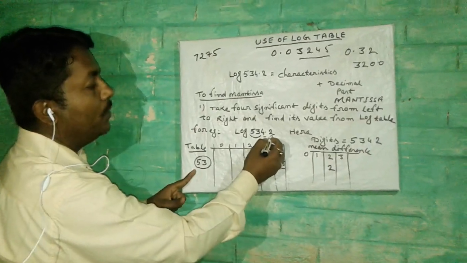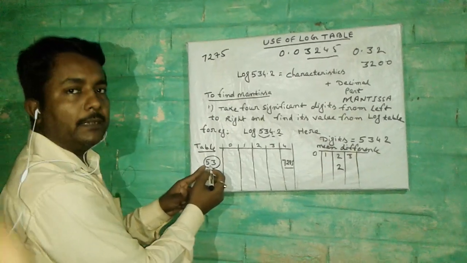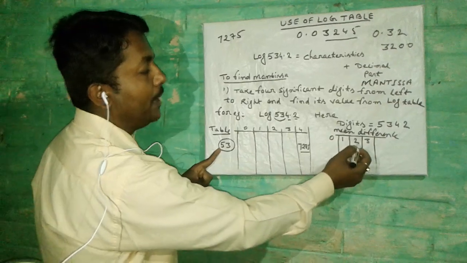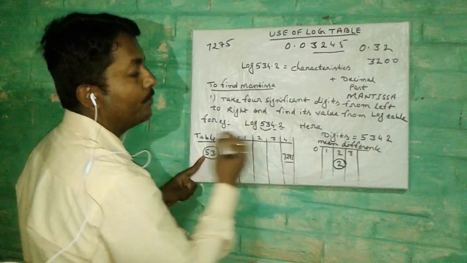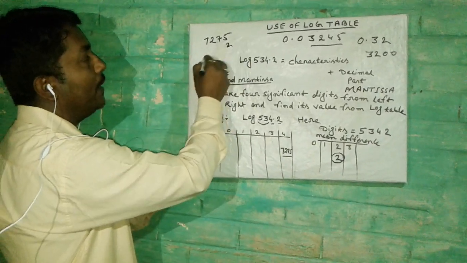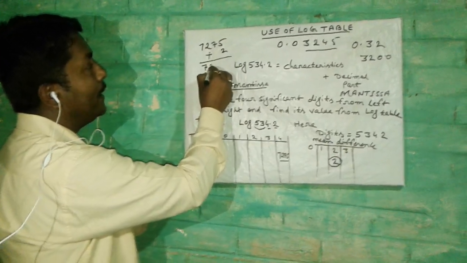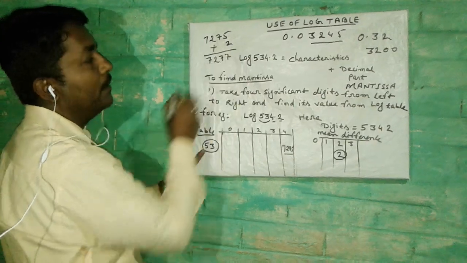Here the number is 2, so in row 53 I see the mean difference in column 2. I have written here that it is 2. Now you add these two values to find your mantissa.